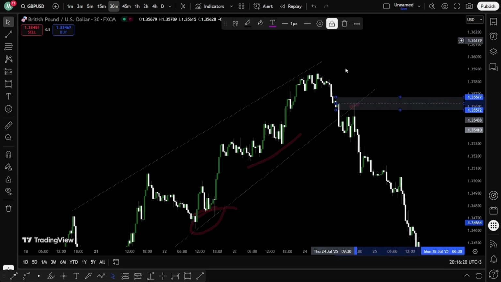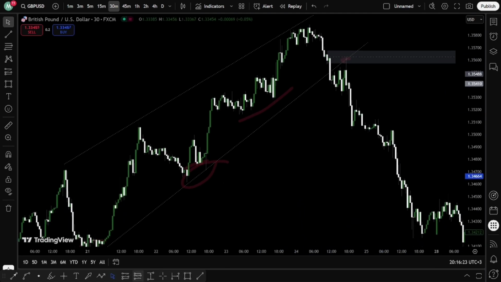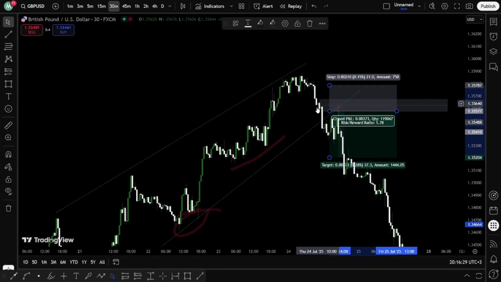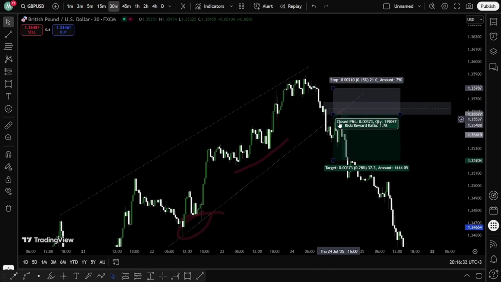So if you entered from there, of course, your short position right here, let's say around there, because if the market is to actually move, it will not reach this side.